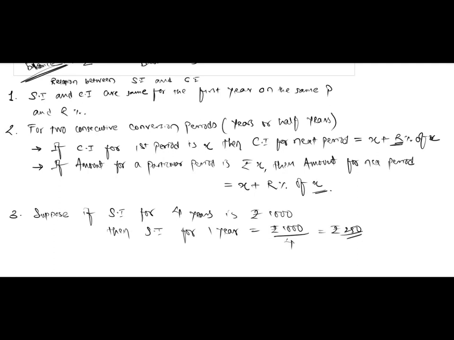And you know why that is? This is because simple interest for every year remains the same. So if simple interest for n number of years is given to you, then you can find the simple interest for 1 year, that is the total simple interest divided by the number of years.